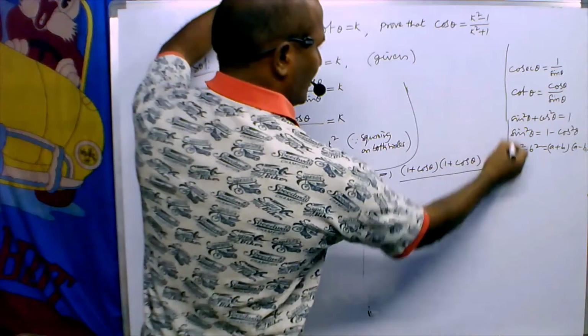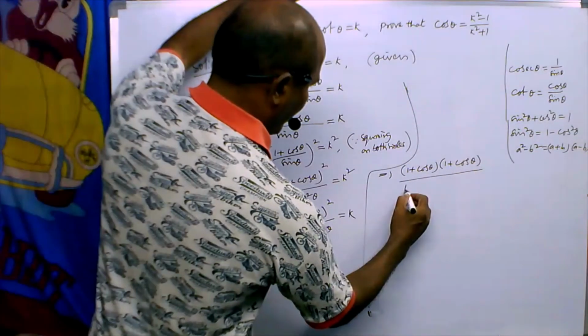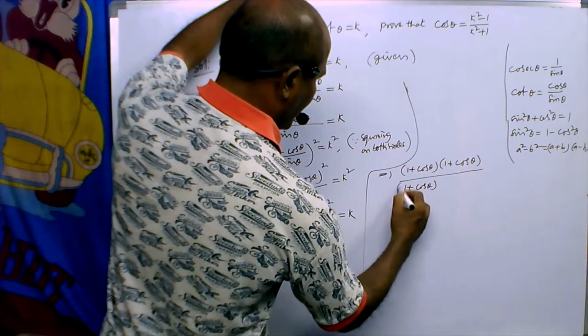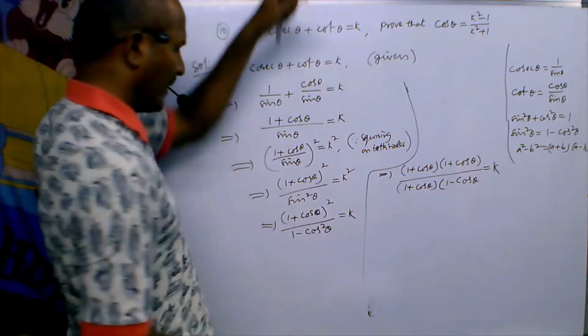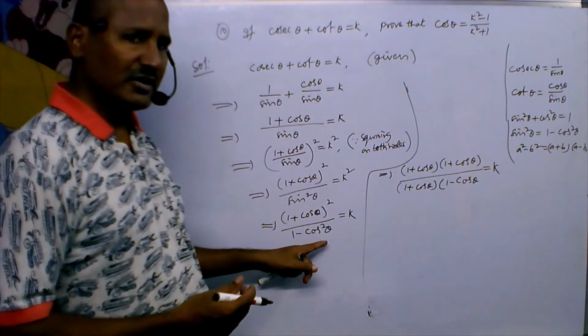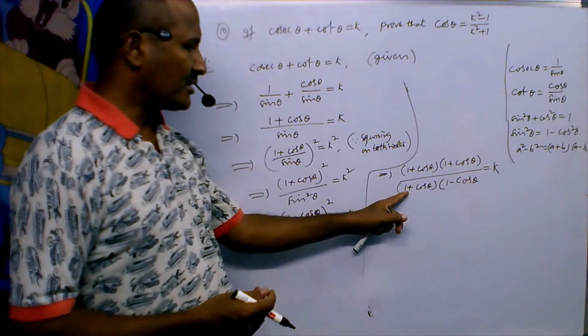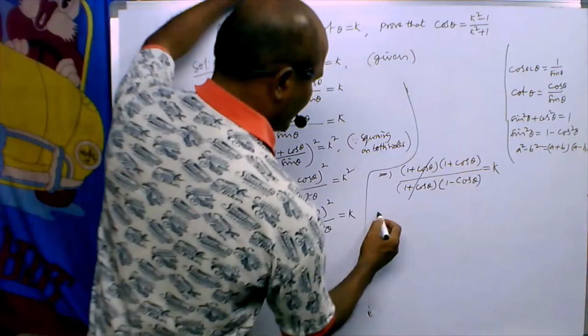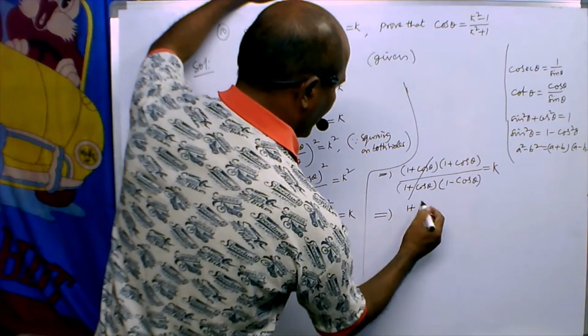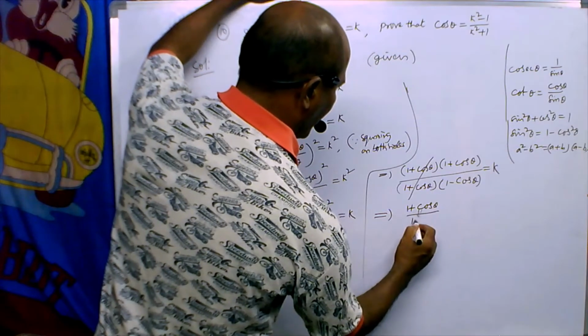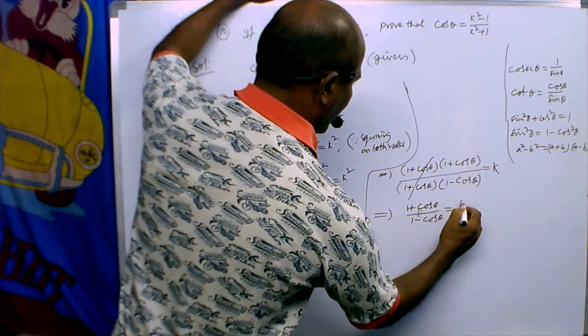We know this concept. Now here you apply 1 plus cos theta into 1 minus cos theta. We expanded this as a plus b into a minus b. These two will be cancelled. What remains? 1 plus cos theta by 1 minus cos theta equal to k.